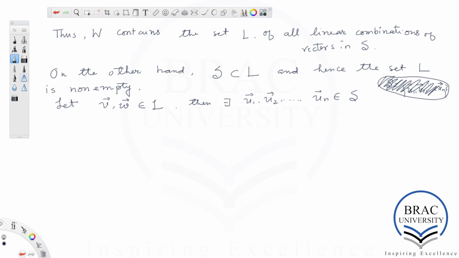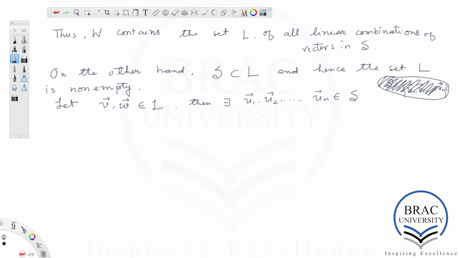We cannot have an infinite linear combination. Always remember that. Whenever we talk about linear combination, there can be an infinite set, but we have to pick up finitely many vectors from that infinite set and form a linear combination. That's what's happening here.